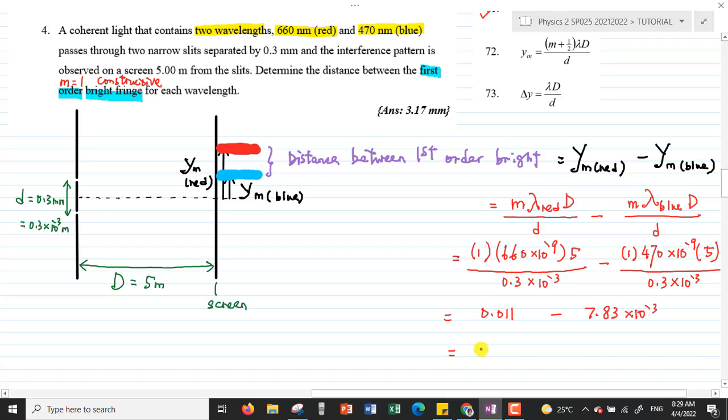So we will get the distance between the two first order bright fringes for both wavelengths will be around 3.17 times 10 to the power of -3 meter, or 3.17 millimeter.